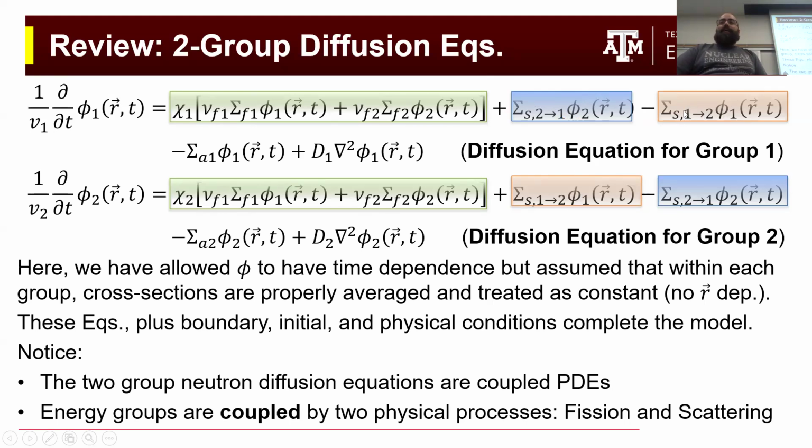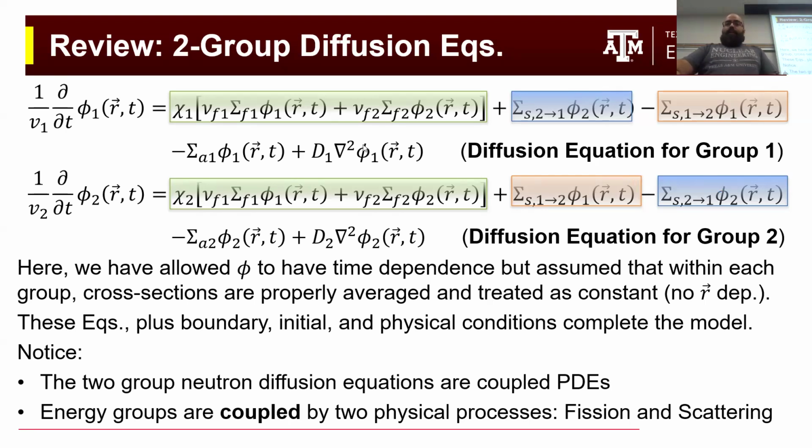Then there was a minus sign in front of this term, because these are neutrons from group one that are getting scattered out of group one into group two. We see opposite terms in group two, because anything that scatters out of group one is lost from group one, but then it's gained in group two. So these terms are equal and opposite for that reason. Scattering is the other way that our energy groups are coupled.